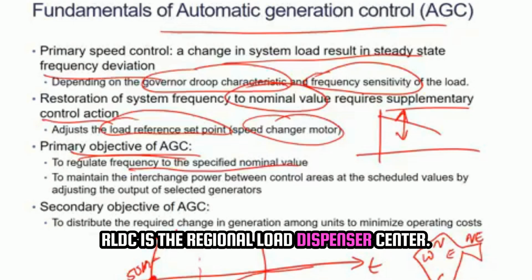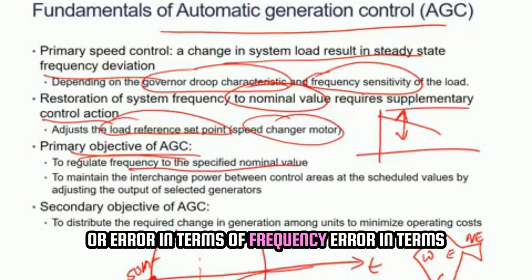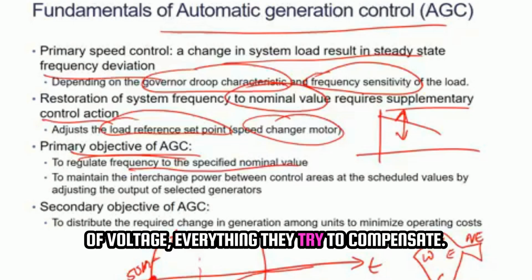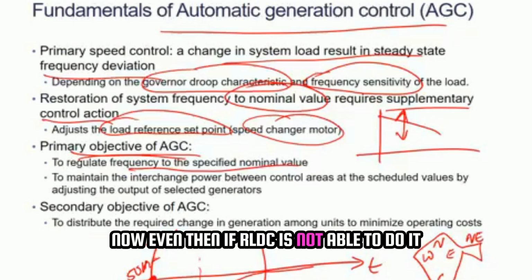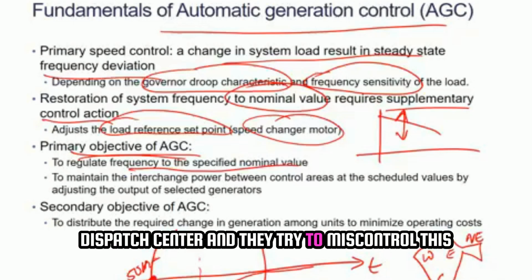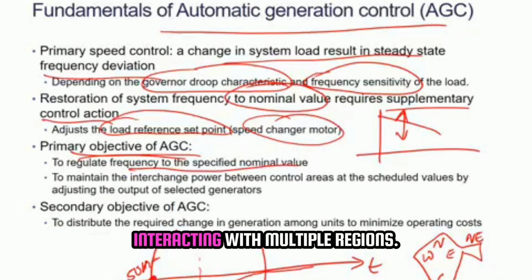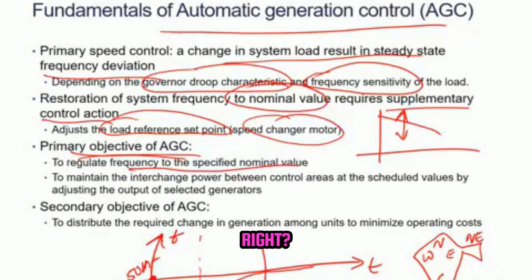The RLDC, the regional load dispatch center, tries to minimize the mismatch or the error, error in terms of frequency, error in terms of voltage, everything they try to compensate. Even then, if the RLDC is not able to do it, then lastly the NLDC is there, the National Load Dispatch Center, and they try to control this, interacting with multiple regions, right?